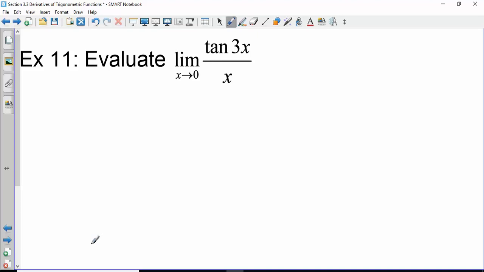Let's look at this one. All right. I can't just plug in 0 because I get tangent of 0 divided by 0. We can't simplify that. I don't have a formula for tangent. How can you rewrite tangent?